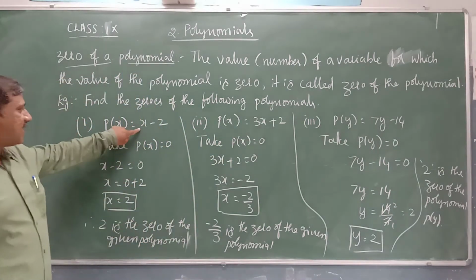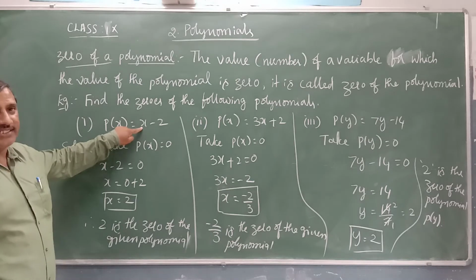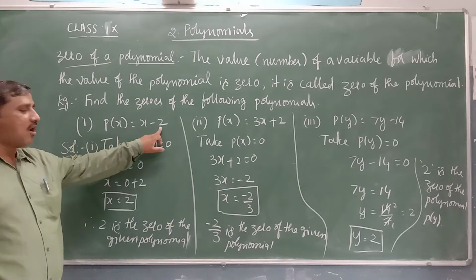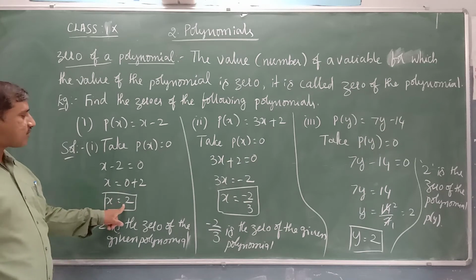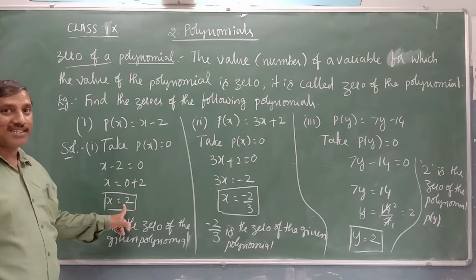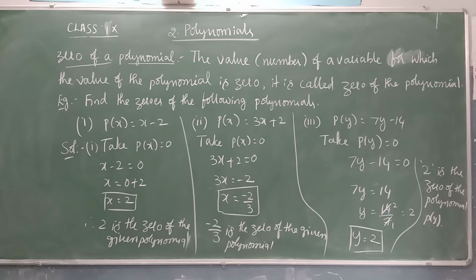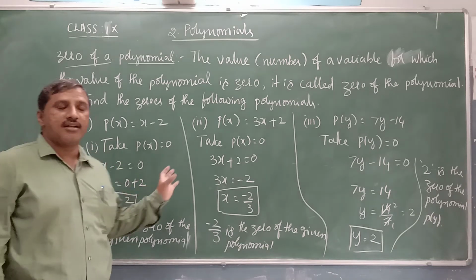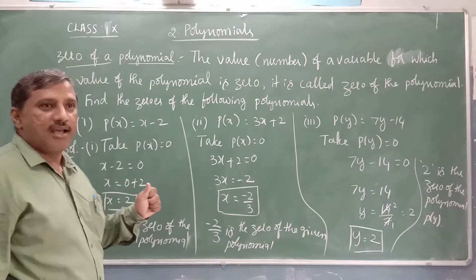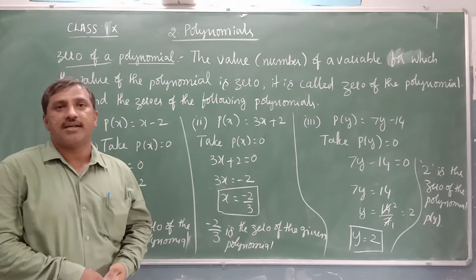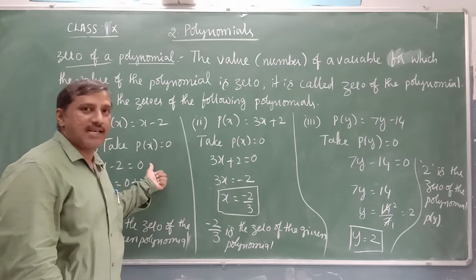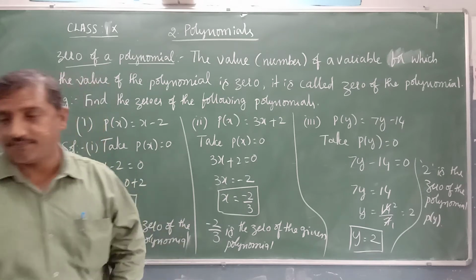Here a is equal to the coefficient of x, which is 1, and here the constant term is minus 2. We got plus 2, we got plus 2. Here I will explain how to find in the simpler manner the zeros of a linear polynomial. Clear? This is clear so far what we discussed?